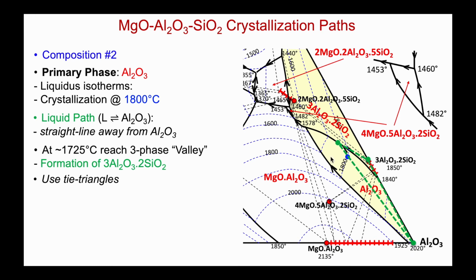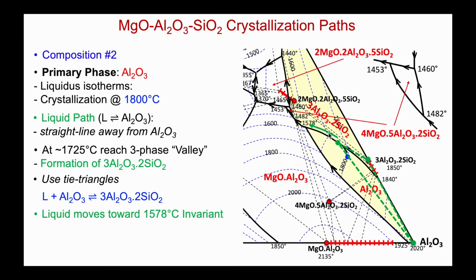Let's just re-identify the equilibrium. Liquid on the left, outside the two solids. So it's liquid plus Al2O3 in equilibrium with the phase in the middle, 3Al2O3·SiO2. So this is that three-phase equilibrium. It's a peritectic.